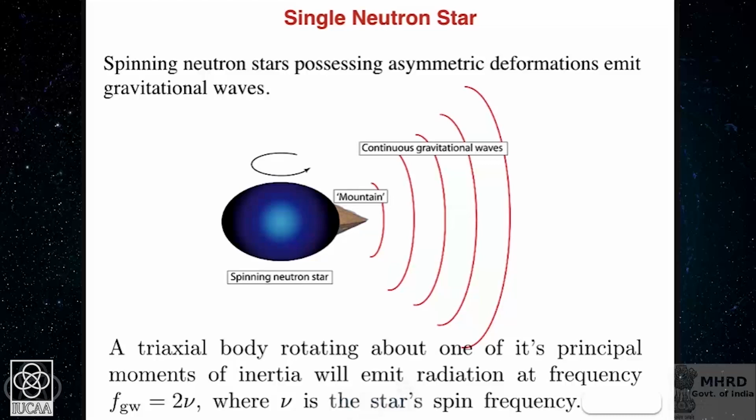So, LIGO is continuously looking for these neutron stars rotating about their own axis, known as single neutron stars.